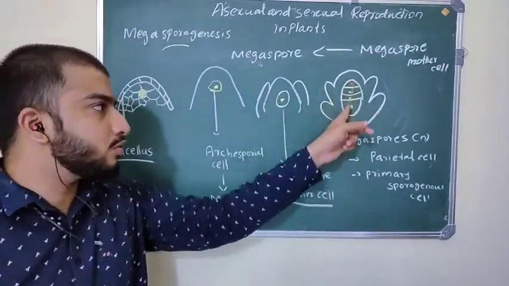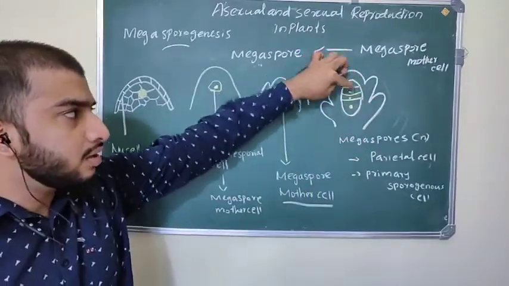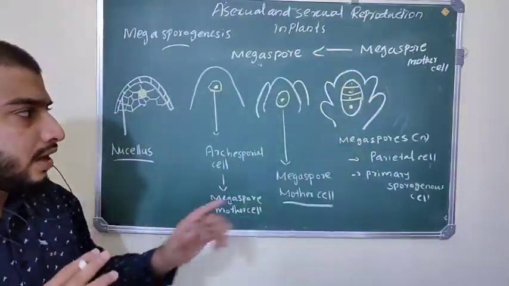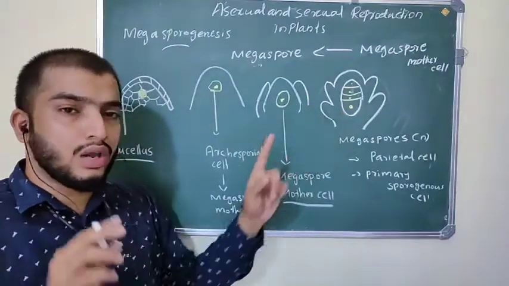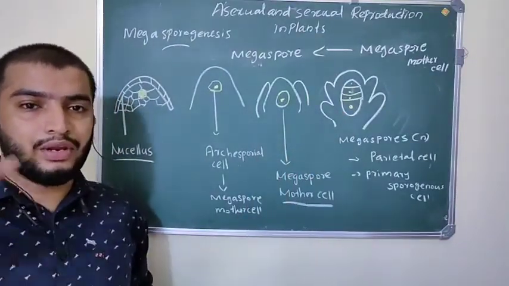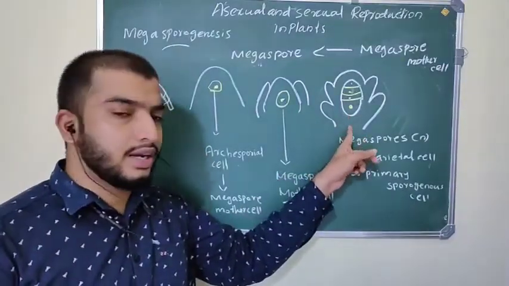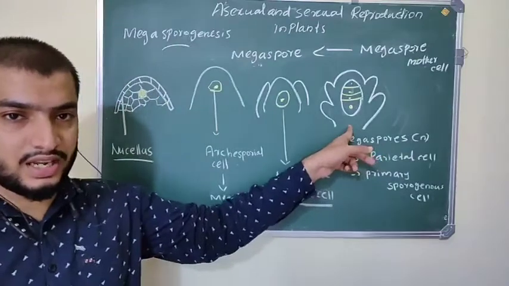Here only one megaspore becomes functional and develops into the embryo sac: the megaspore that is directed toward the chalazal end.